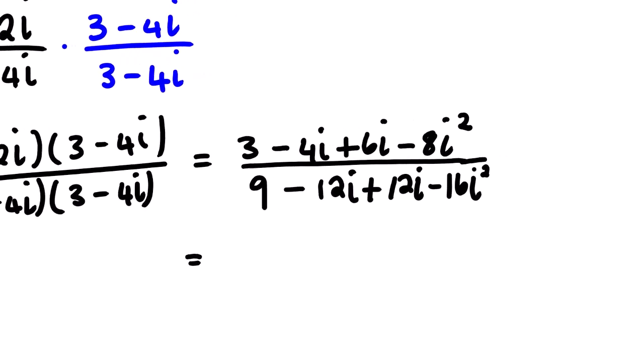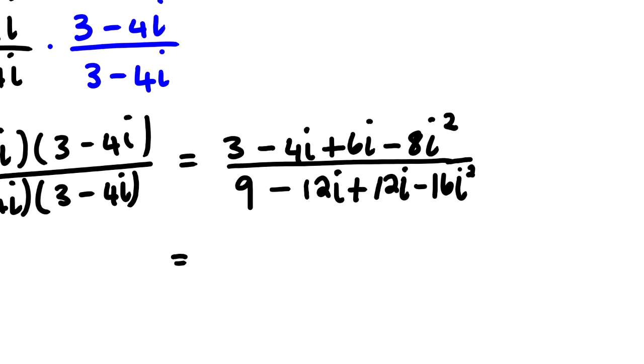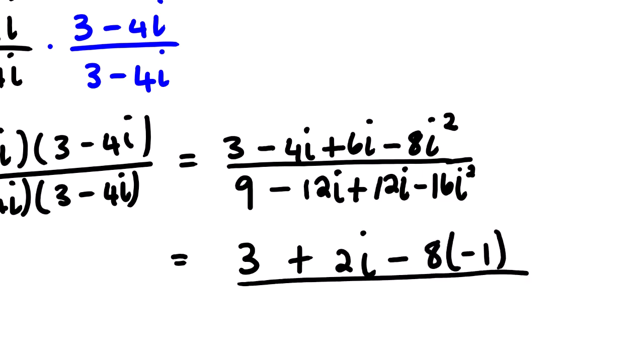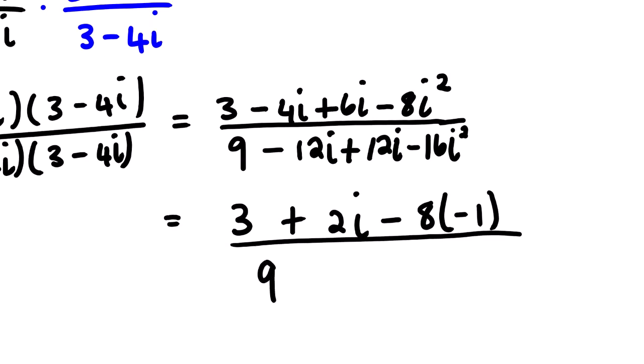Then this is equal to, we look at the like terms, we have 3, and then negative 4i plus 6i is positive 2i, and then minus 8i squared, negative 1, all over 9. This negative 12i plus 12i is 0.